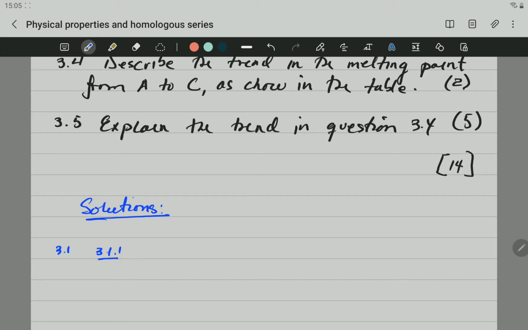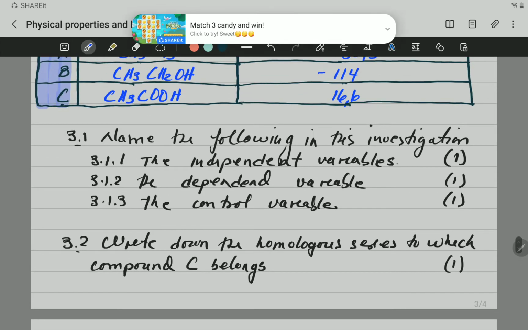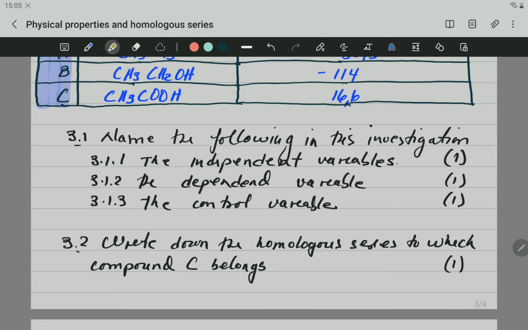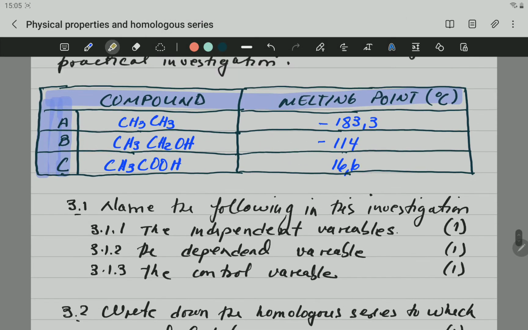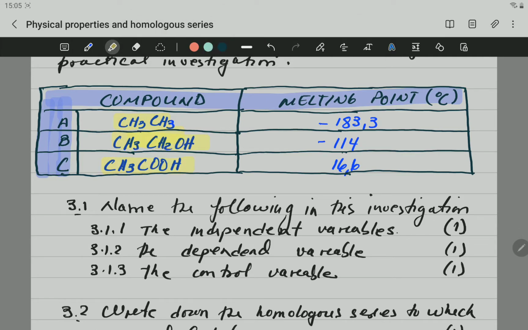Now they're asking you to identify the independent variable. Remember, independent variable is the variable that we are changing. What are we changing? We're changing these compounds here. Now what are we changing of the compound? We're changing the functional group. We're changing the homology series.